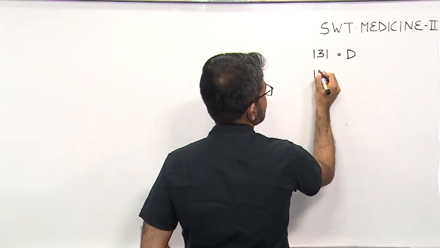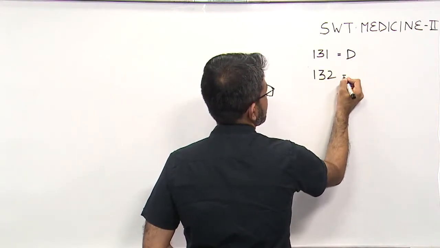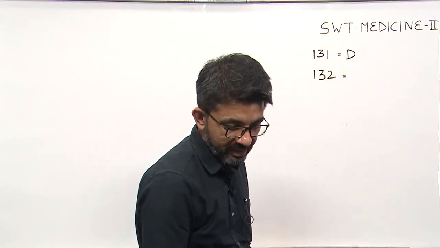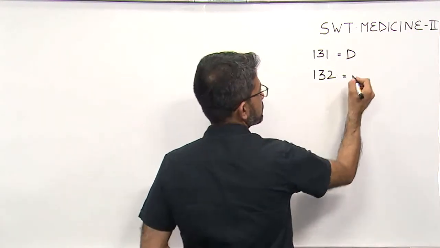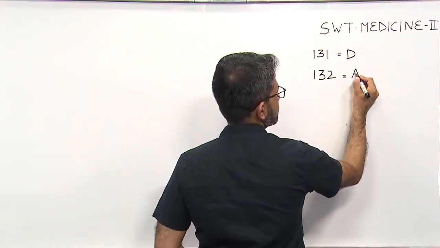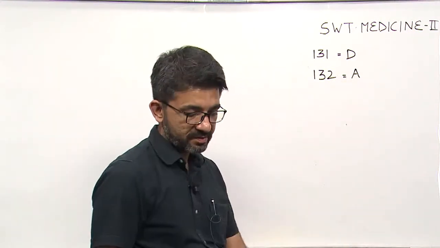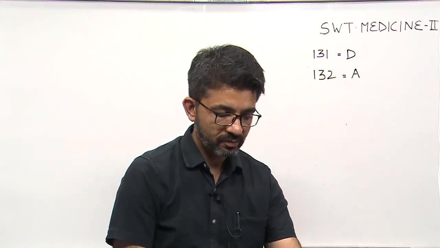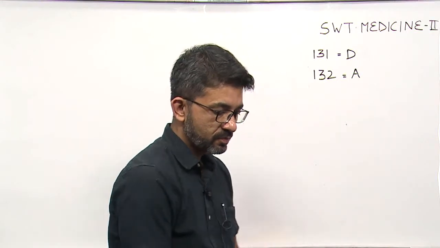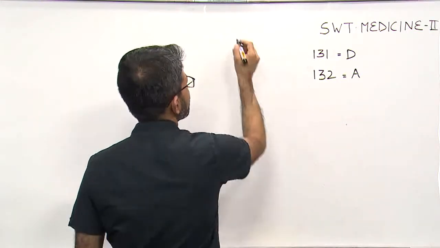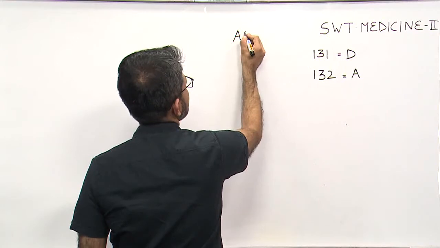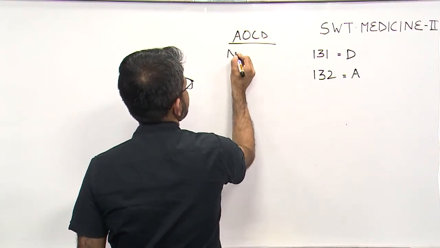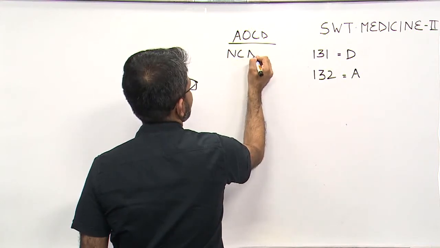Question number 132. Answer is A. That is liver damage. Anemia of chronic disease usually has normocytic, normochromic appearance.